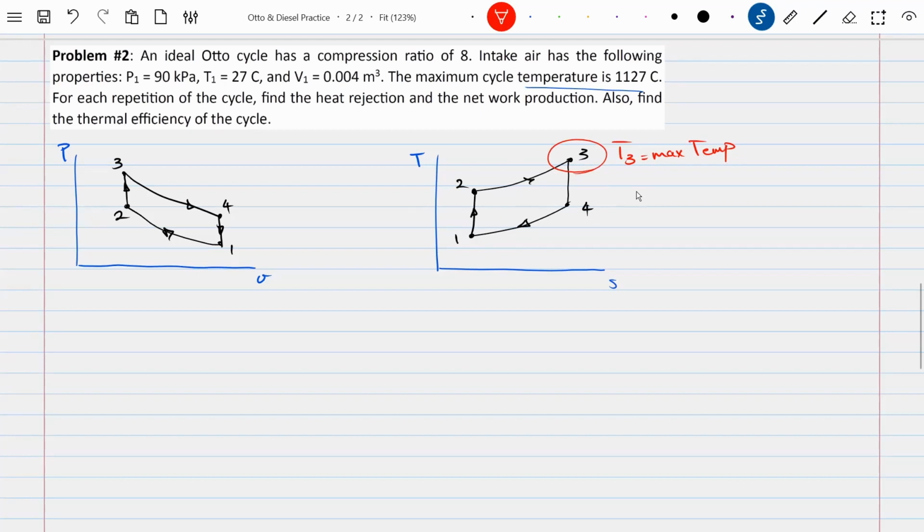So now we know that T3 is 1127 degrees Celsius. Now, please keep in mind the temperatures need to be in Kelvin. So I'm going to add 273 to it to get a grand total of 1,400 Kelvin.